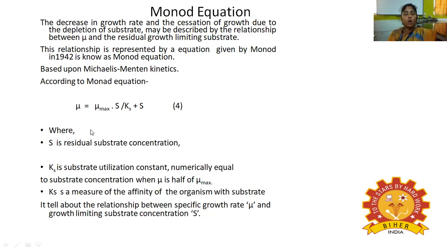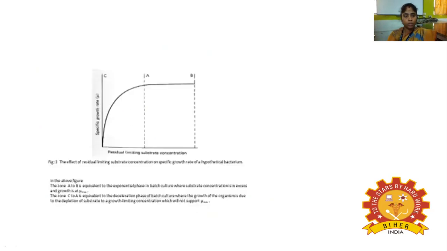And here also always keep in mind that the specific growth rate of microorganisms is represented as nu, and it always has a unit of time inverse. In this case, as the substrate concentration increases, the specific growth rate of the microorganism also increases.